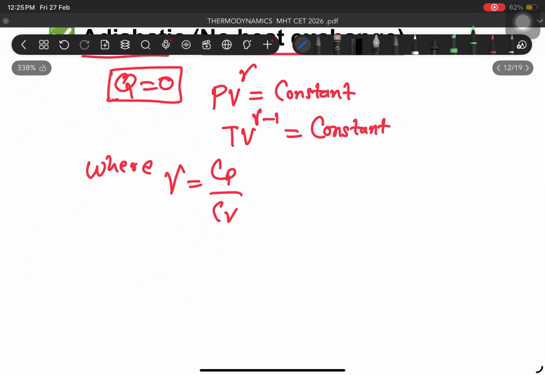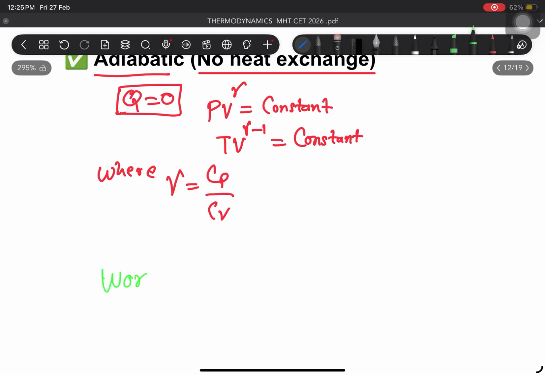Work equals (P1V1 minus P2V2) divided by (gamma minus 1).